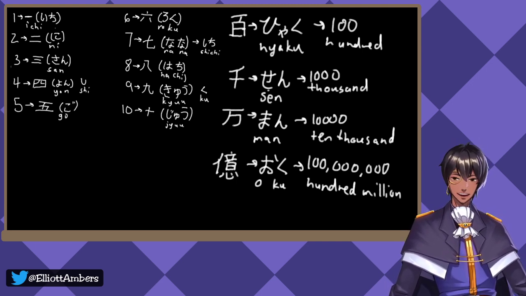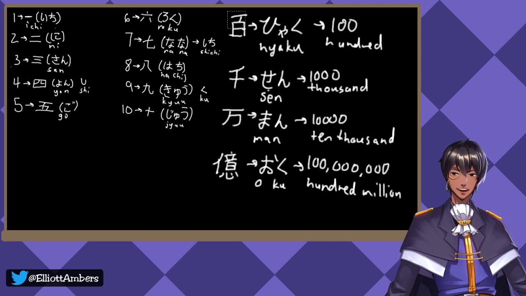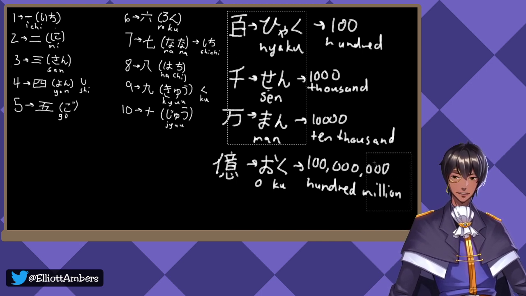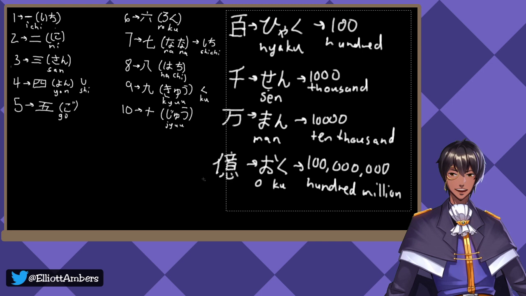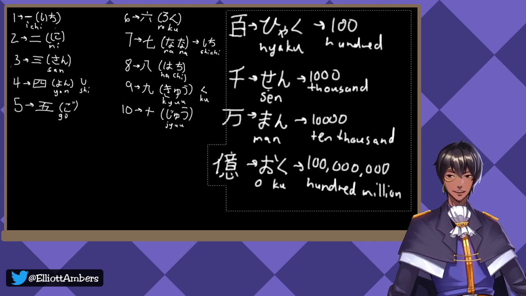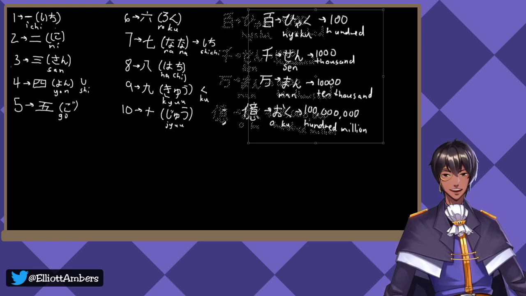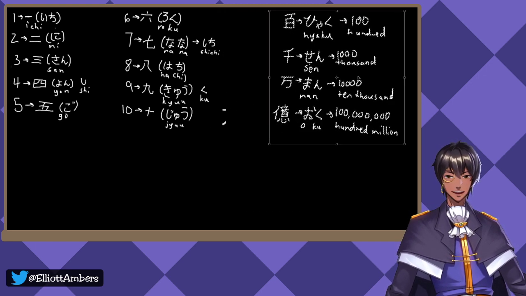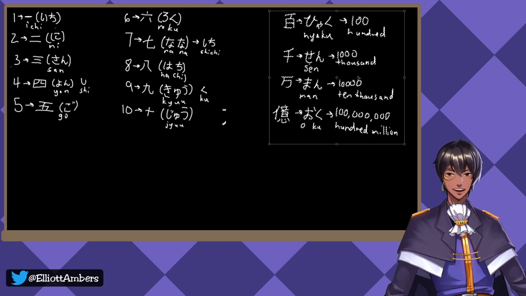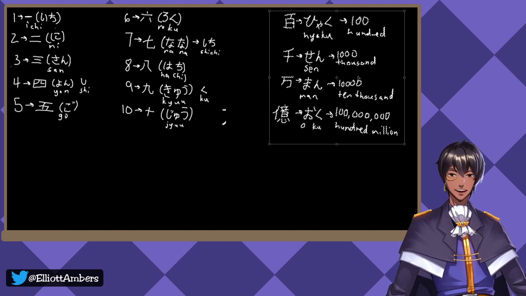Let me readjust this. This works like this. Let's resize this a little bit to give us more space. And I cut off part of the 10,000. That's fine.